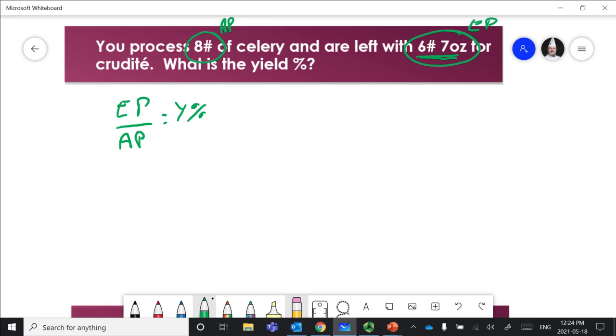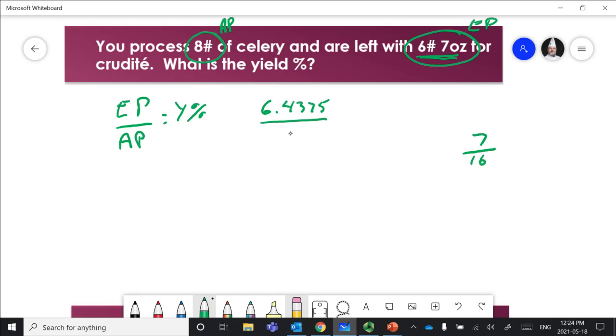Now, the problem here is with this 6 pounds 7 ounces, we have mixed units. So we need to change that into a whole number. Well, how do we do that? If we remember from our unit conversion, that's going to be 6 point something, right? So we're left with 7 out of 16 ounces in a pound. If we divide 7 by 16, we're going to end up with 0.4375.